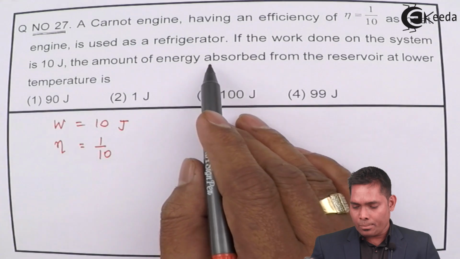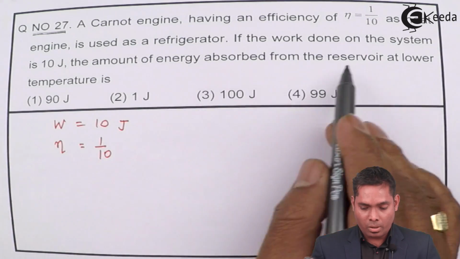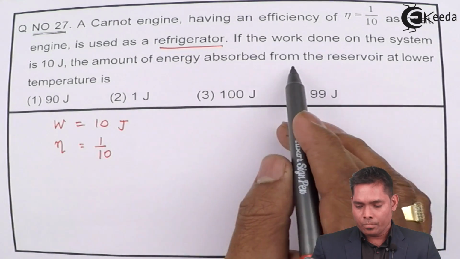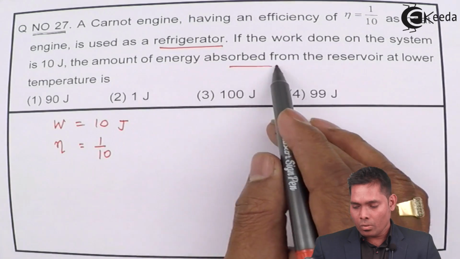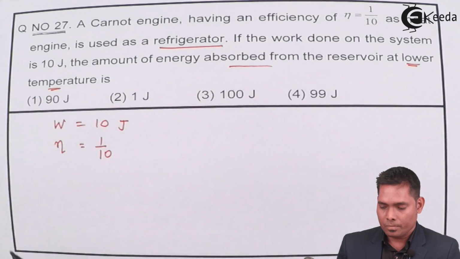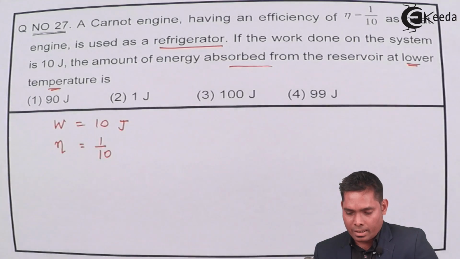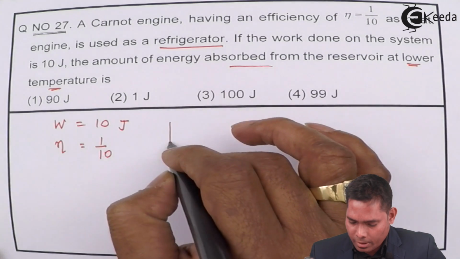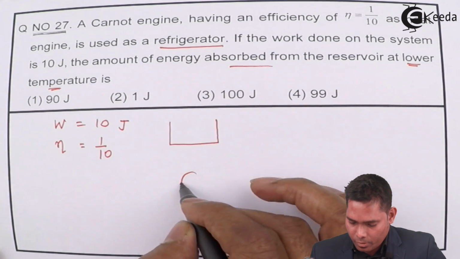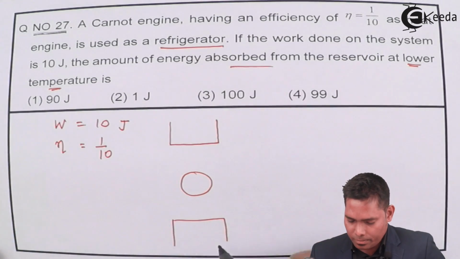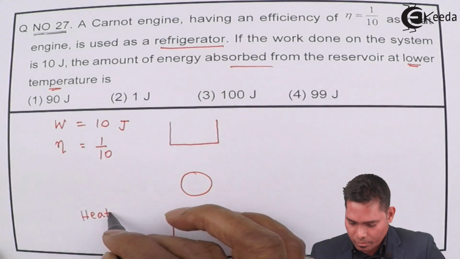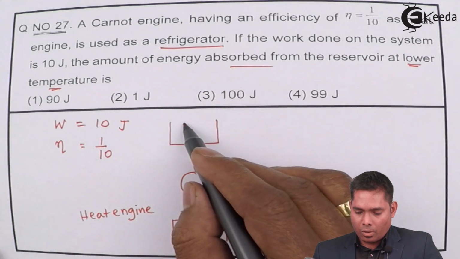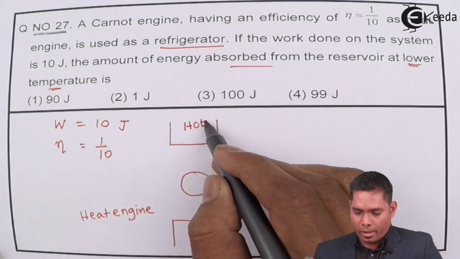The amount of energy absorbed from the reservoir at low temperature is, because when it is converted to a refrigerator, it will absorb heat at lower temperature. So what is that heat that is being absorbed? First let me explain: this is my heat engine, this is a hot reservoir and this is the cold reservoir.